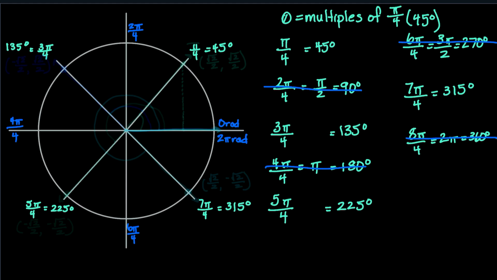Okay, now we're going to discuss when theta is a multiple of pi over 4, which is also 45 degrees. So I've already listed out the multiples of pi over 4 between 0 and 2 pi. And I've also crossed out the ones that simplify down to a theta we've already covered. For example, 2 pi over 4 is equivalent to pi over 2, which we've already covered in the multiples of pi over 2.